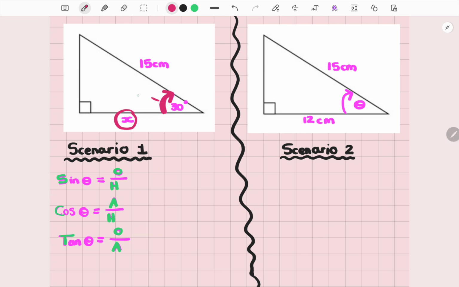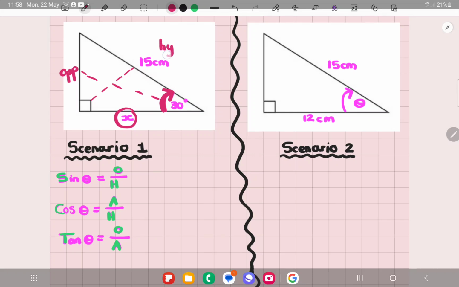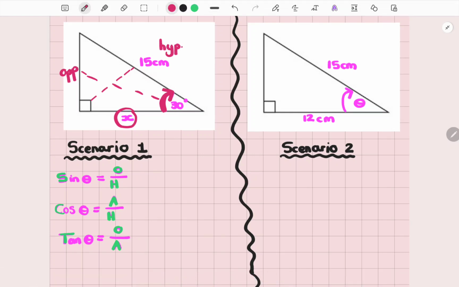Labelling the sides from your 30 degrees, this is your opposite. The hypotenuse is always across from the 90 degrees. The third side, the one that is left, is your adjacent.